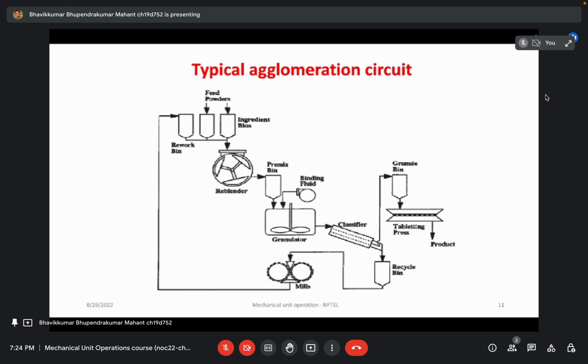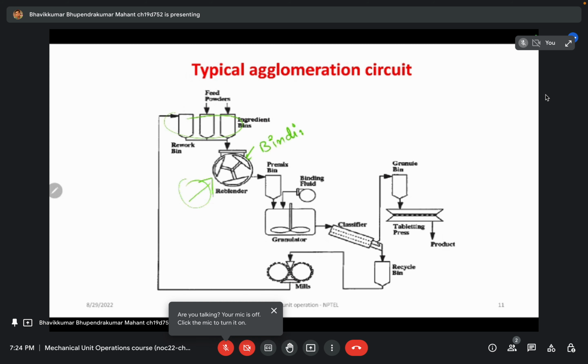So here you can see the typical agglomeration unit has these kinds of bins where we start to feed our powders. Then it can go into some blending, where we blend some binding material or binding agent with our solid particles, using a ribbon blender or a different kind of blender, and from that it will go into the premix bin.